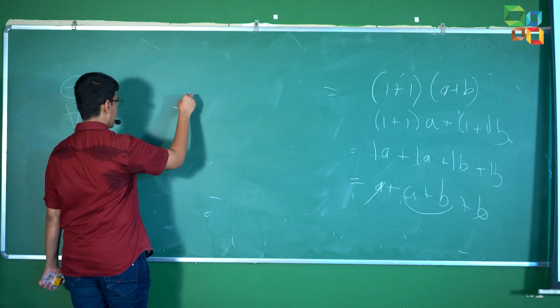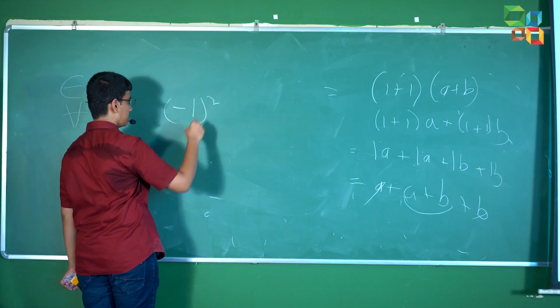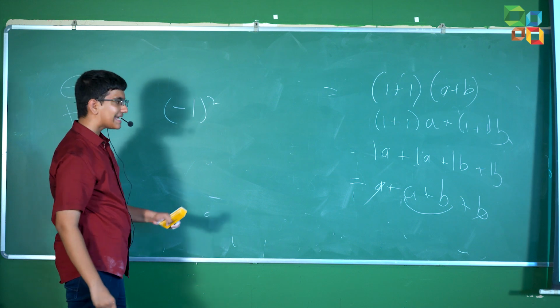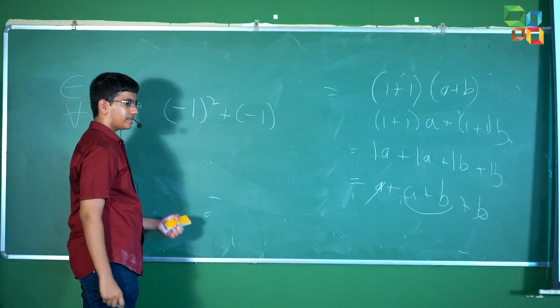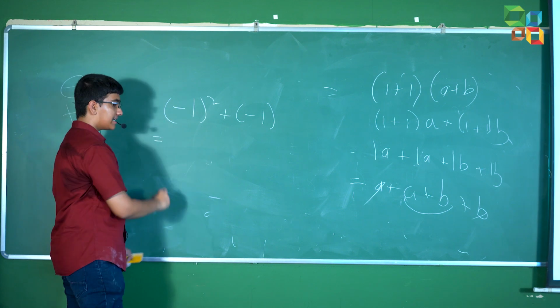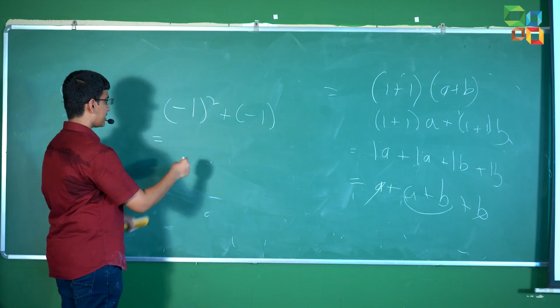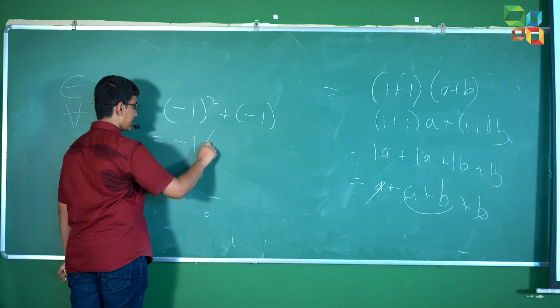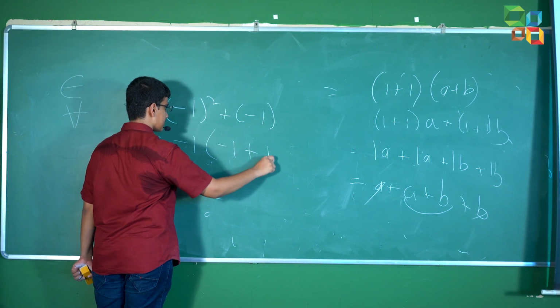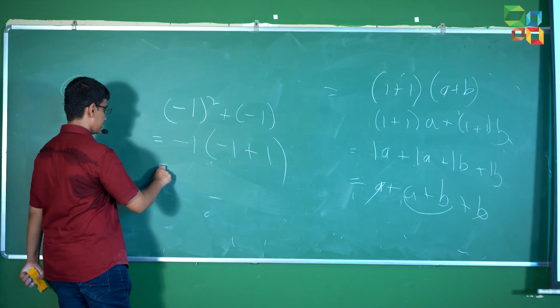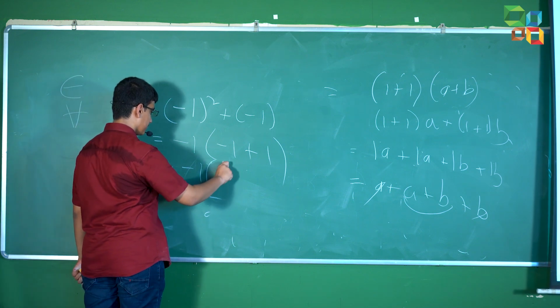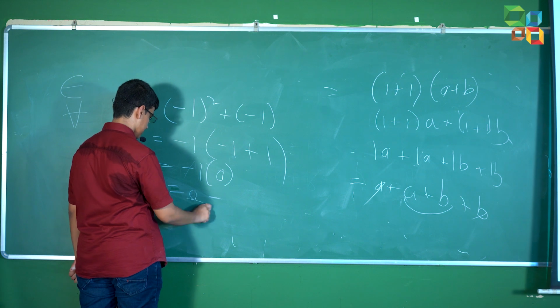Take negative 1 squared and add negative 1. So now, by distributive law, you can factor out negative 1. You get negative 1 into negative 1 plus 1. You're factoring out negative 1. So you get negative 1 into 0, which is 0.